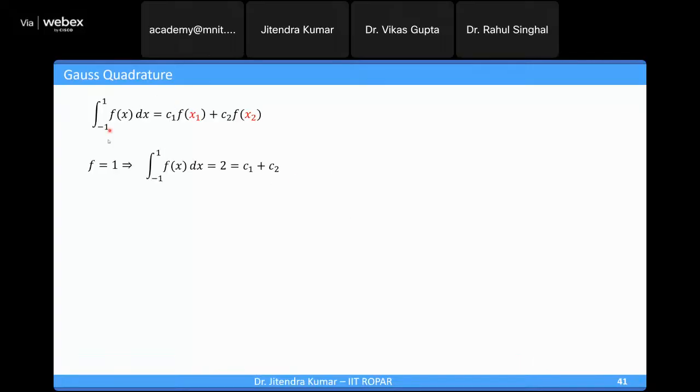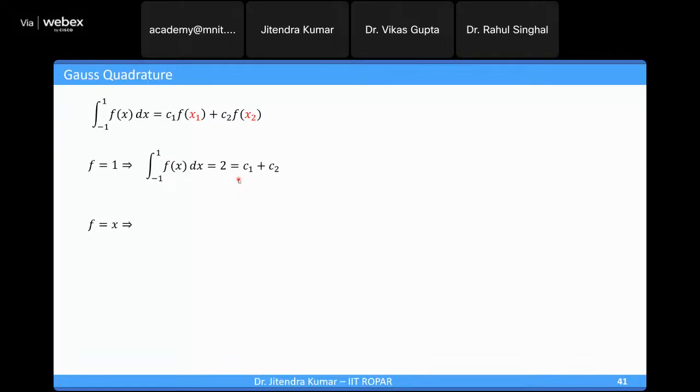So you integrate this, which gives 2, and the right side has C1 plus C2, because your function is the constant function, just 1. So f(x1) is 1 and f(x2) is also 1. So you get the equation simply C1 plus C2 is equal to 2.